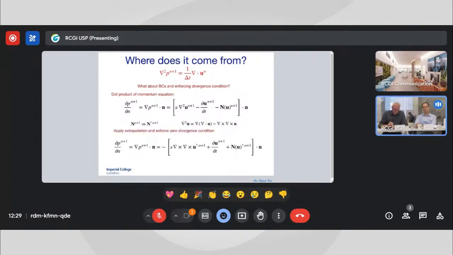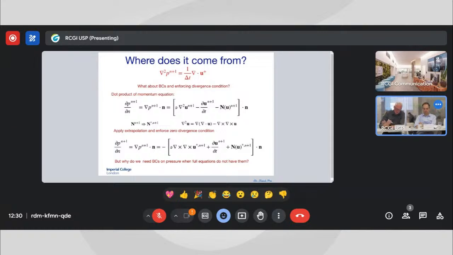So I do that, and now I've got a pressure boundary condition for my problem, dp/dn at n plus 1 is equal to, here I put an extrapolated quantity of this curl operator, so that's enforcing divergence freeness, and then the stuff I don't know I extrapolate from the previous time level. In principle, I know du/dt, if it was time dependent, it's only at the boundaries. We don't enforce this everywhere, so I should be told that condition, so that one's fine. I can leave that out. And the nonlinear terms are then being extrapolated.